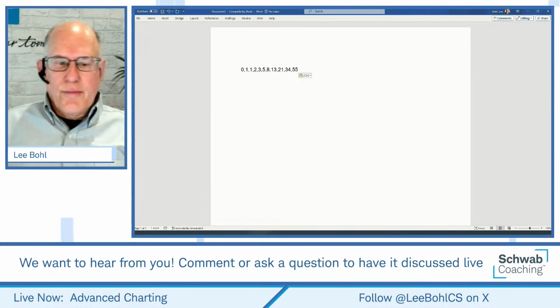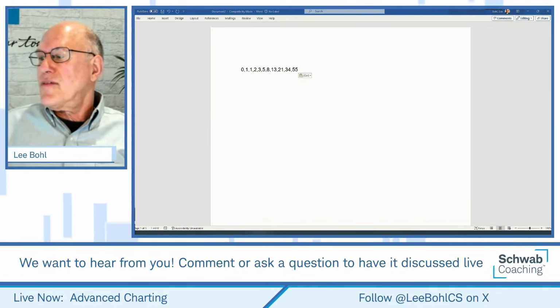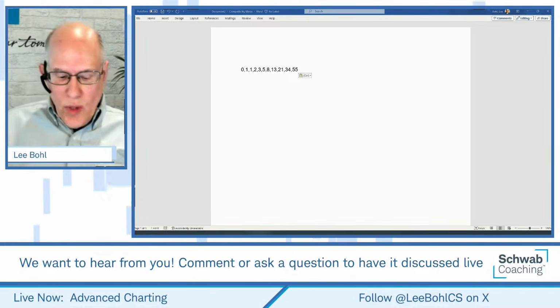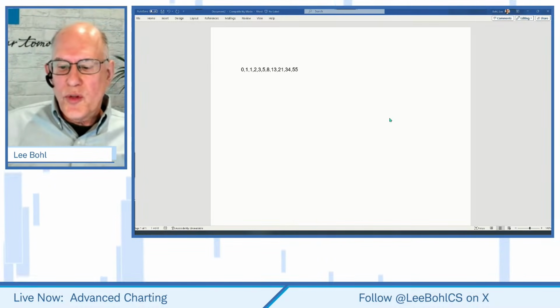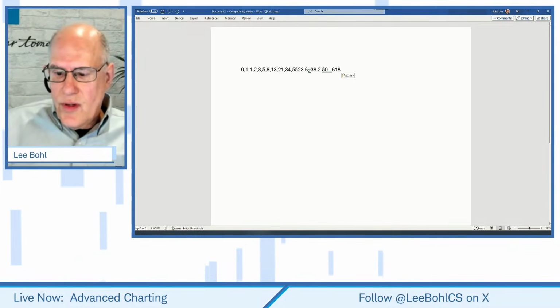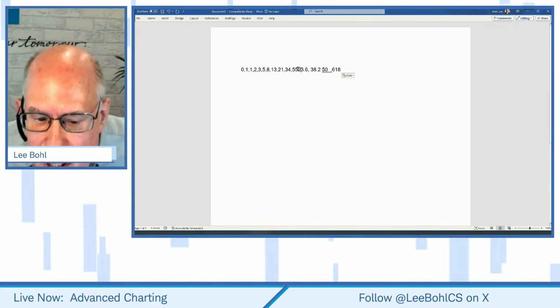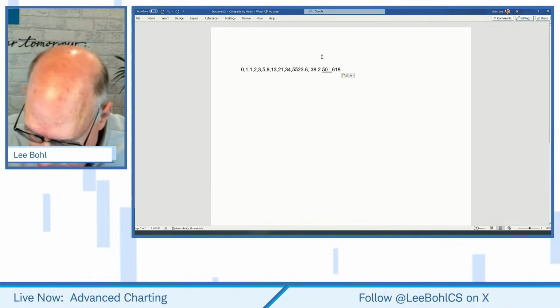Now, what is interesting, we can't go all over Fibonacci and Fibonacci retracements and everything, but one thing we do want to know is the ratio between some of those numbers come out to be these. Let me put that on a different line.